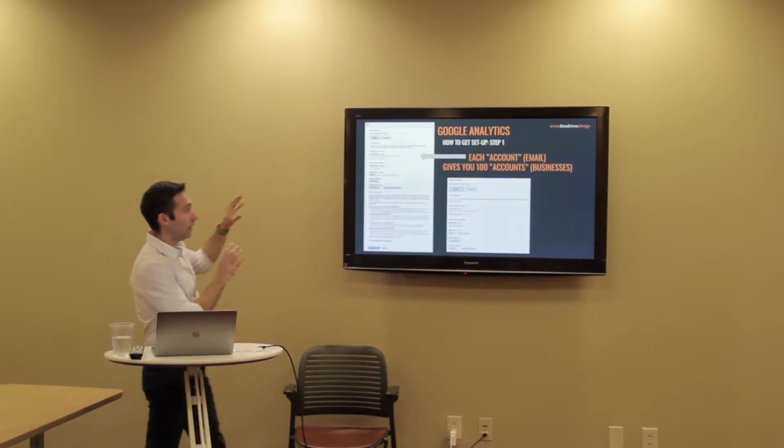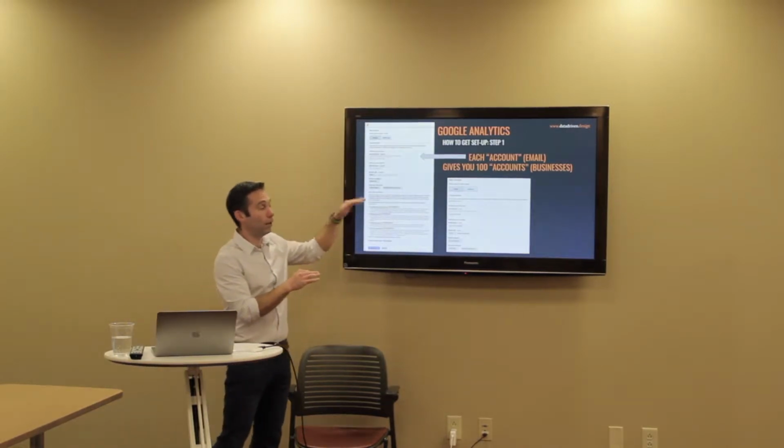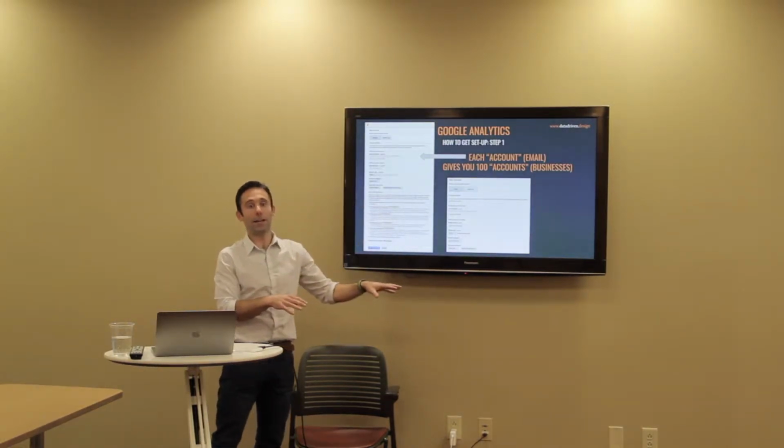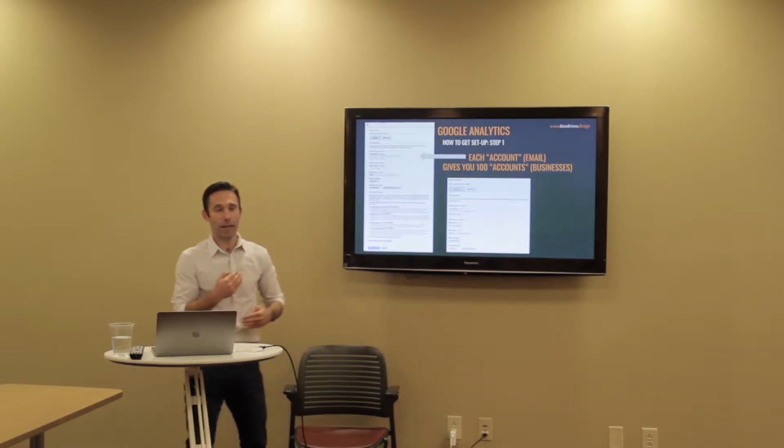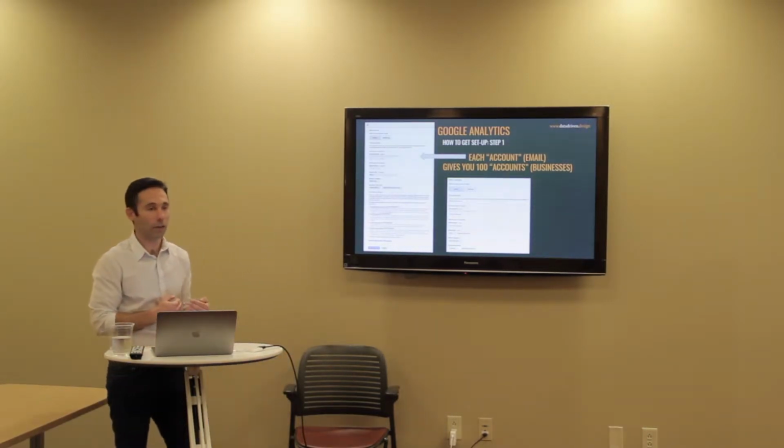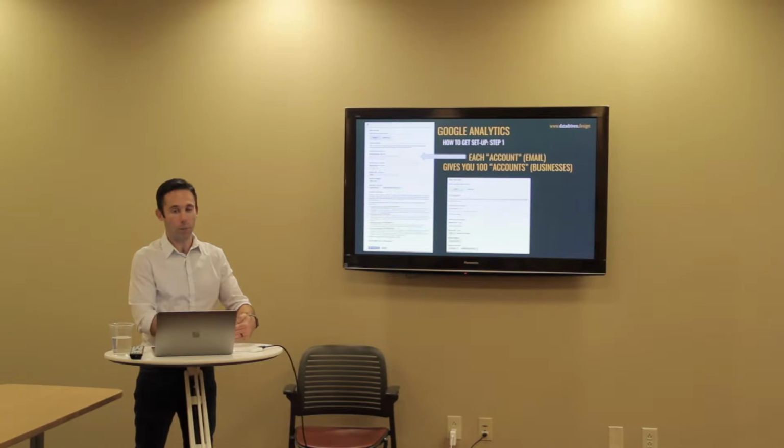And so each email account actually gives you 100 Google Analytics accounts. So that's kind of the dual definition of account. And what you want to do is make sure that each time you set up a new business, it's its own new account.